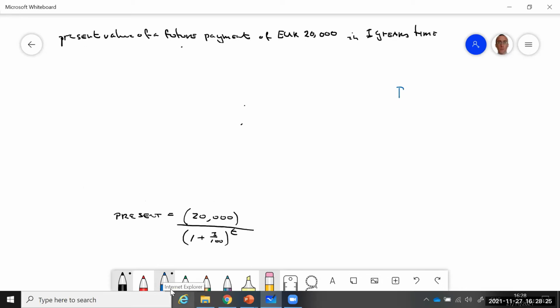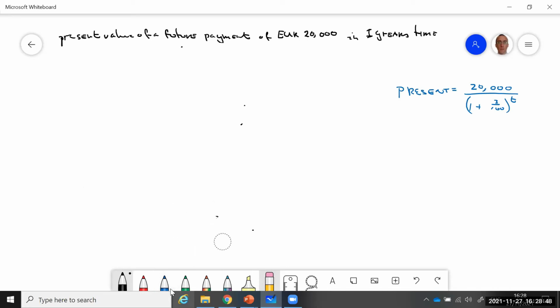So the present value equals 20,000 all over 1 plus 3 over 100 to the power of t. Okay, that'll be useful.